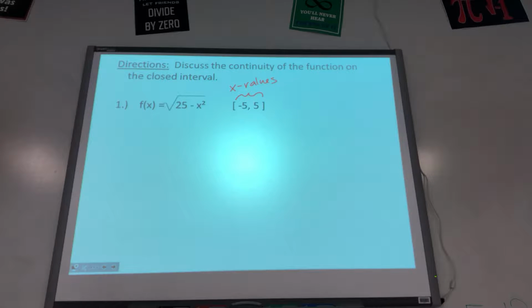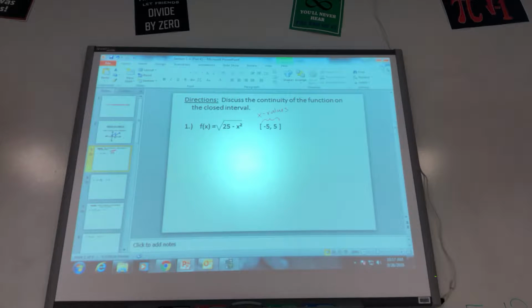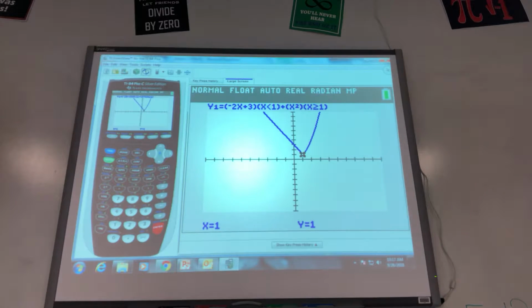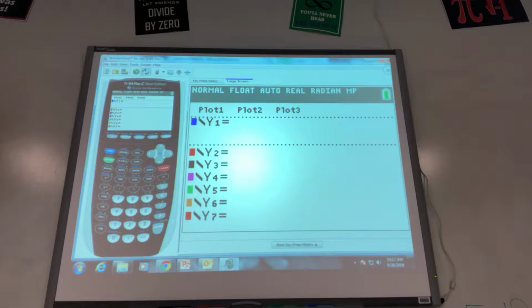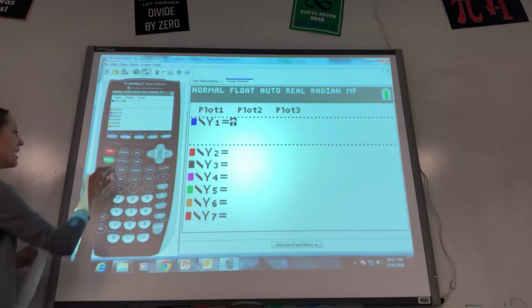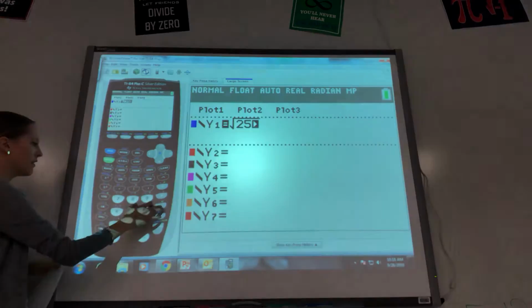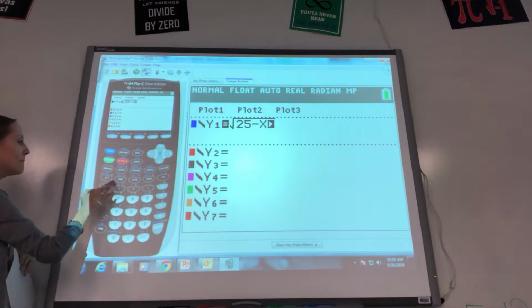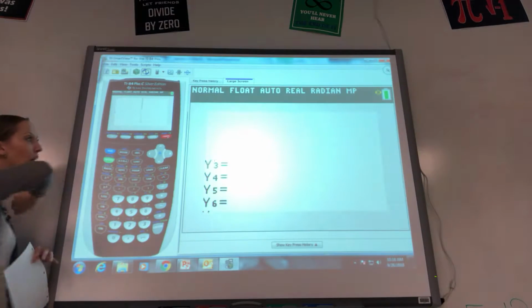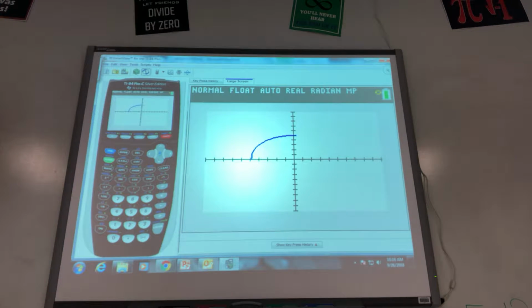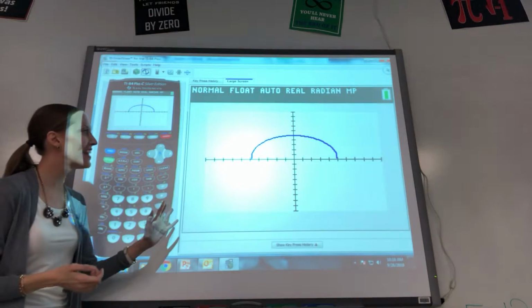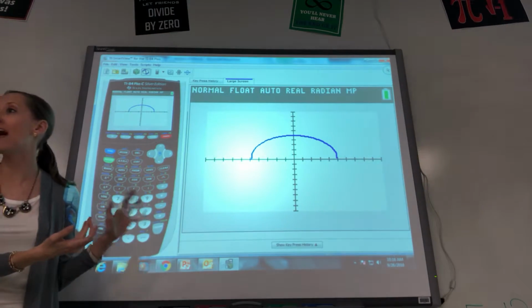So once we get this graphed, when you look at the graph, which is going to be our next step here, I'm typing this into my graphing calculator. It was the square root of 25 minus x squared. I'm only supposed to look between -5 and +5.